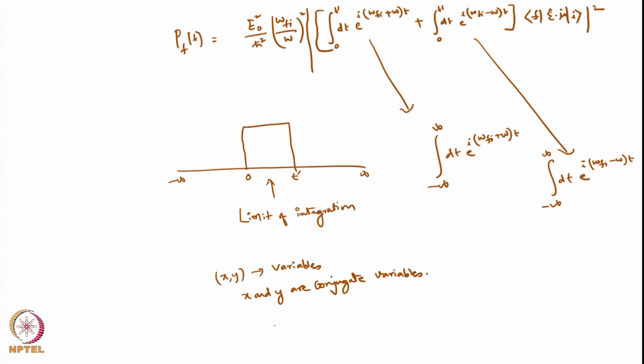So for example, if x is length, then y will be 1 over length, such that the product of x and y will give a dimensionless quantity. Such variables are called conjugate variables. In quantum mechanics, position and momentum are conjugate variables, energy and time are conjugate variables, and they are also related by the Schrodinger equation.